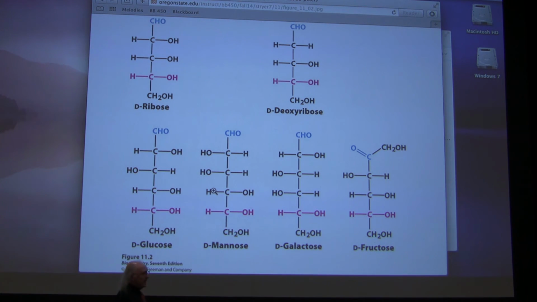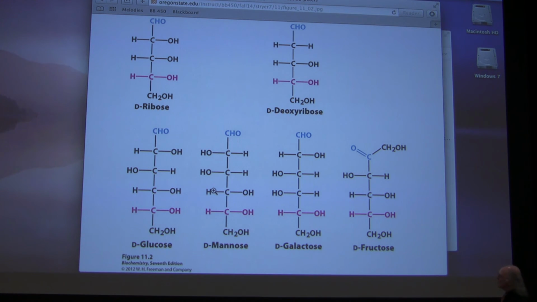Ribose is a pentose, meaning it has 5 carbons. It's an aldose, meaning it has an aldehyde. Its structure is pretty straightforward, folks. It's got 3 hydroxyls all on the right side. Ribose is the sugar that we find in RNA. A related structure found in DNA is known as deoxyribose, and it contributes the D part of the DNA.